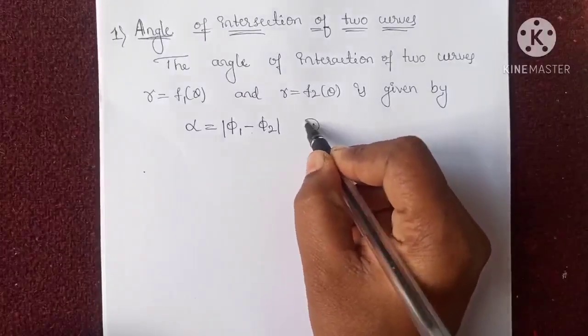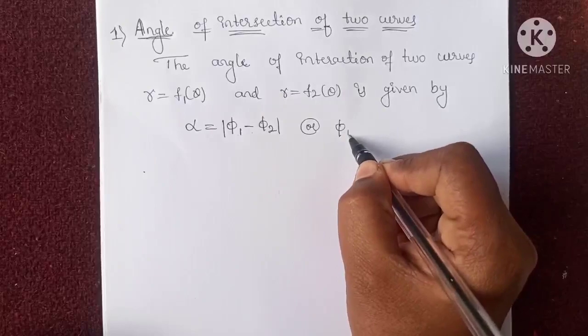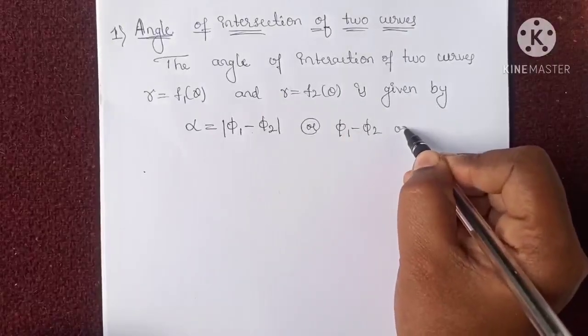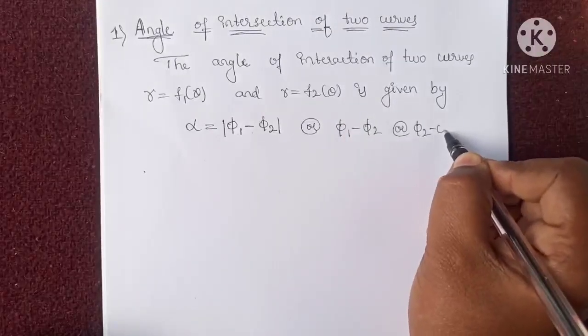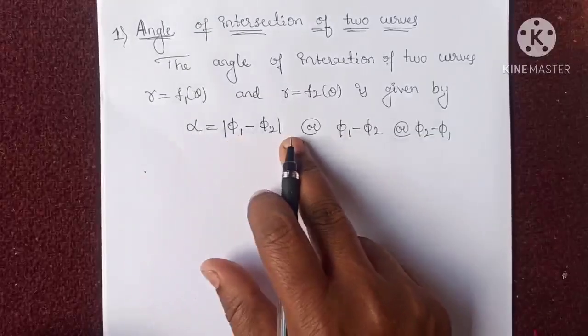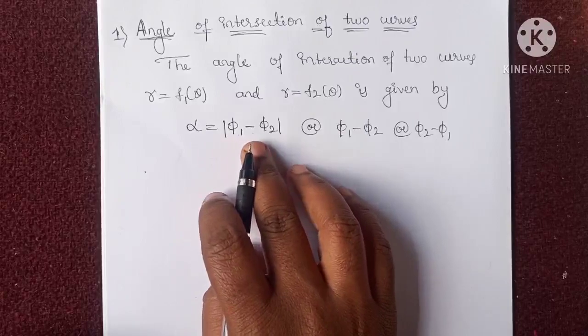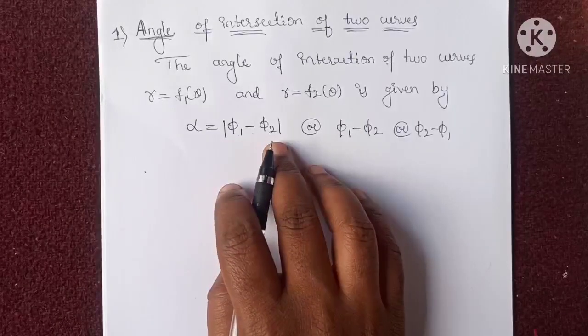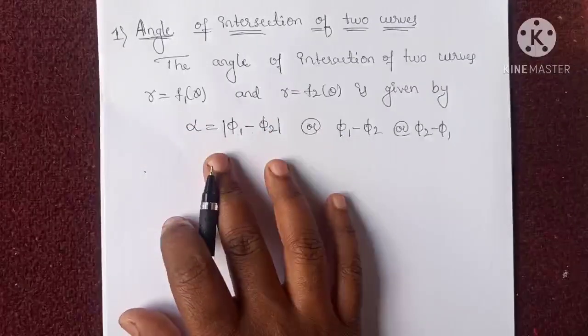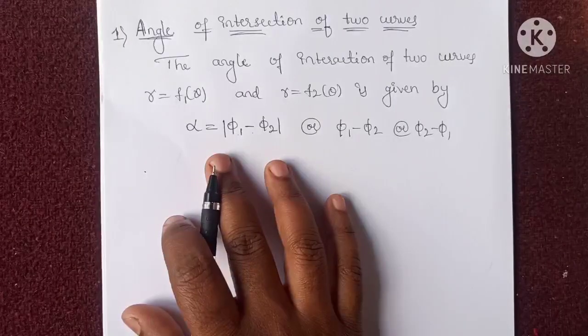It means that either it is phi 1 minus phi 2 or phi 2 minus phi 1, because it is an angle we have to take positive only. Therefore here we have used mod of phi 1 minus phi 2. So by using this we can find the angle between the given two curves.